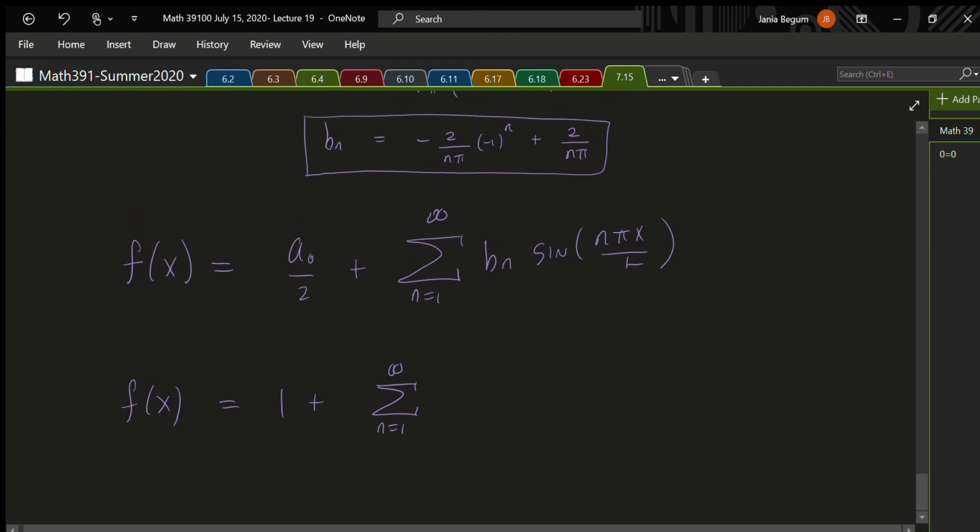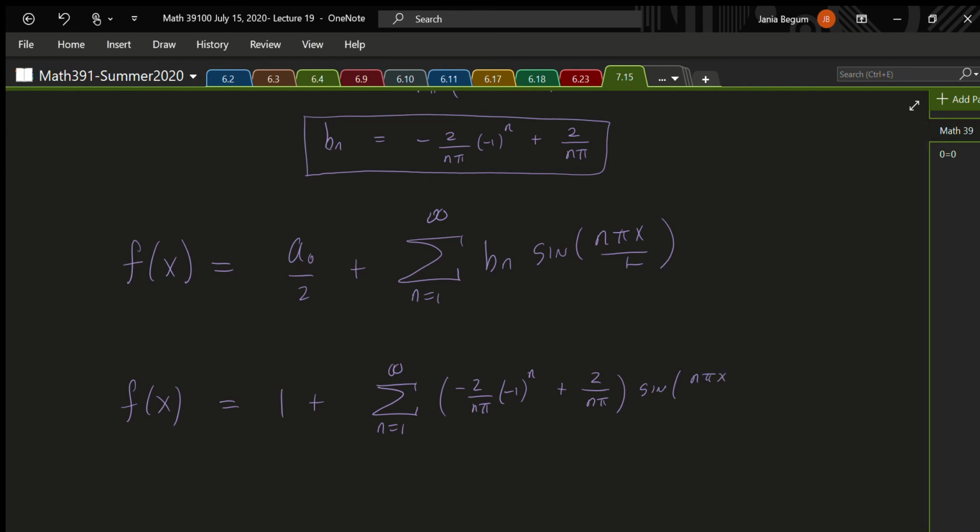So Bn is this formula we found, which happens to be negative 2 over n pi times negative 1 to the n plus 2 over n pi, times sine of n pi x over L. L is 1, so I'll just write n pi x.